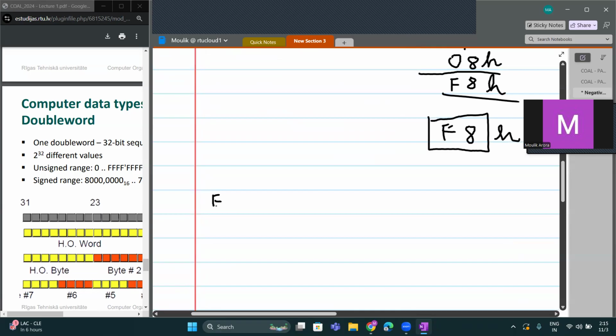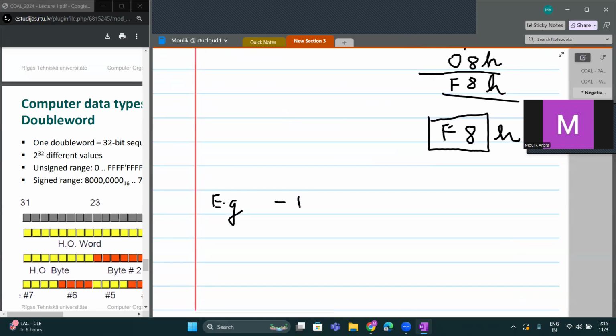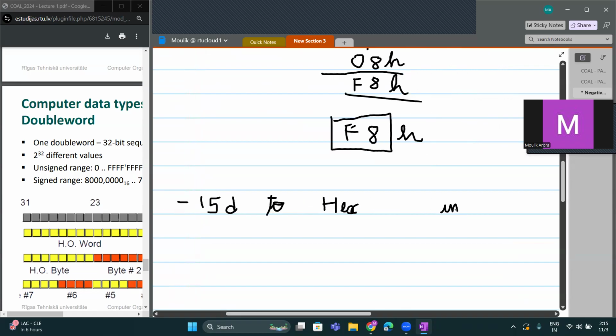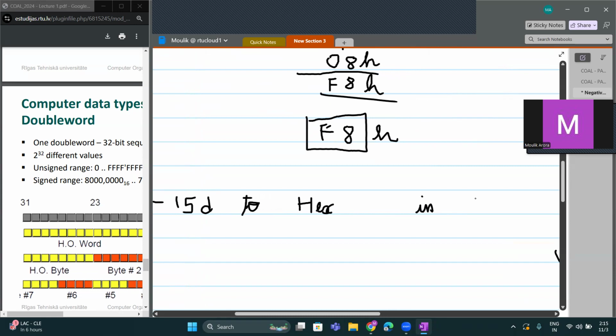Similarly, minus 15 decimal to hexadecimal in double word.